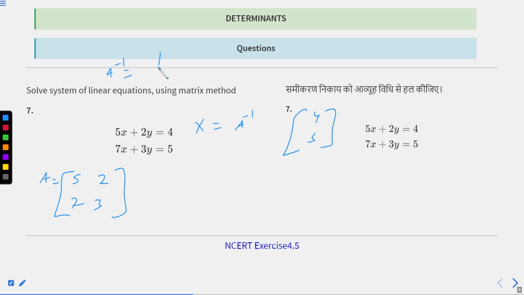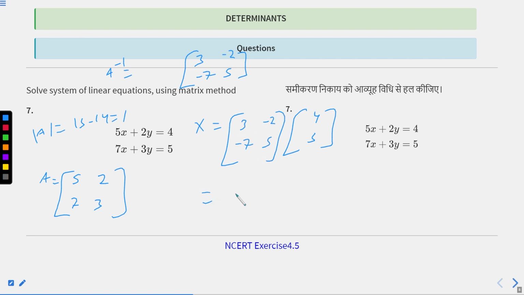A inverse will be 1 by determinant of A times adjoint of A. Adjoint of A will be 3, 5, minus 2, minus 7. Determinant of A will be 15 minus 14, which is just 1. So A inverse is same as adjoint: 3 minus 2 minus 7, 5.